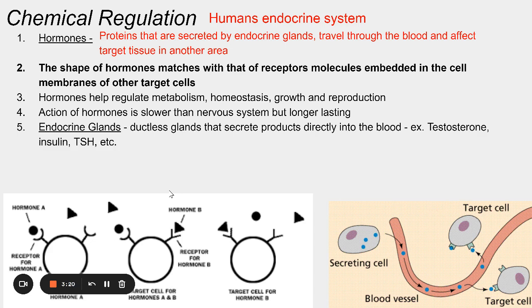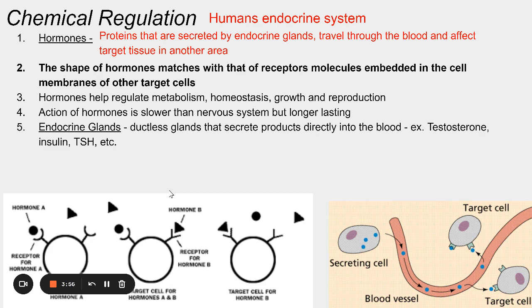But to look at this diagram, these two diagrams basically kind of show us the same idea. This is a cell in one of our endocrine glands. Maybe it's in our pancreas. Our pancreas is what produces insulin. So these glands send hormones into our blood where they're circulating throughout our entire body. And if they encounter on their travels throughout the body the right receptor molecule, then they will have some effect on that target cell.